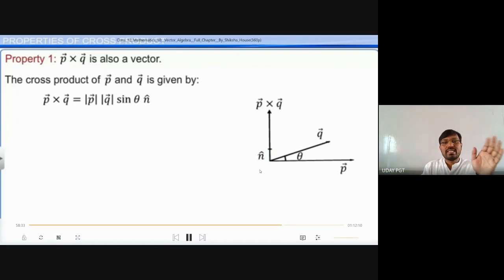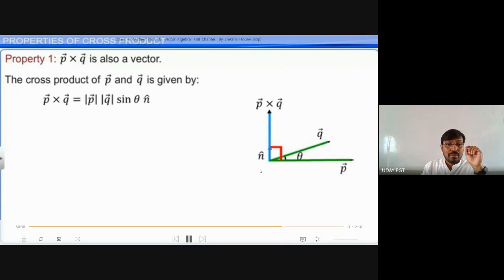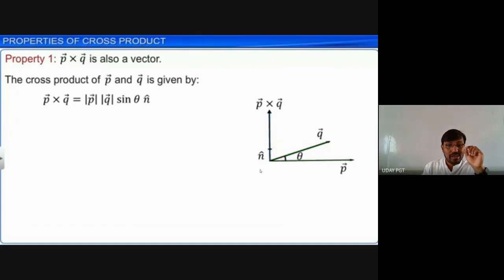So that is the thing you need to remember. The vector n cap is one vector, and that's why the final product we are going to get is a vector.